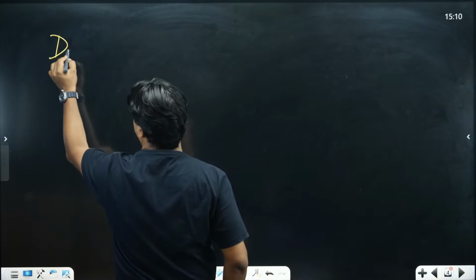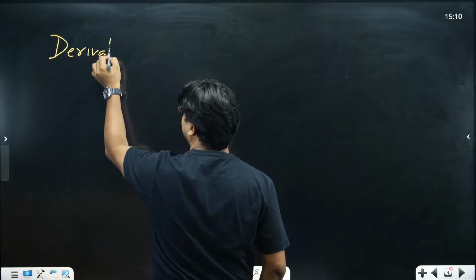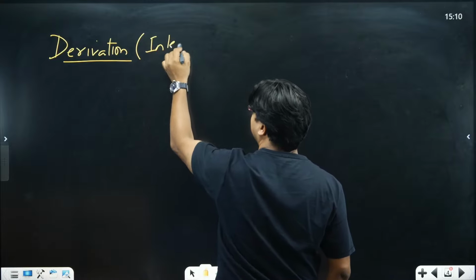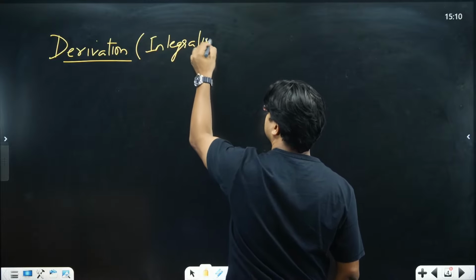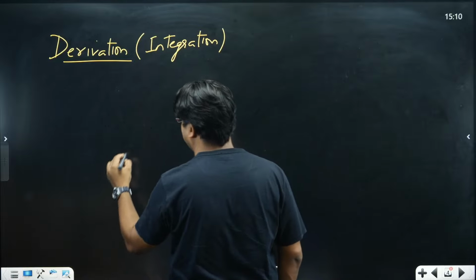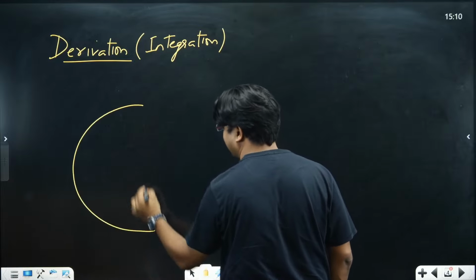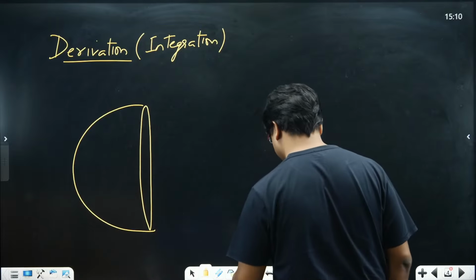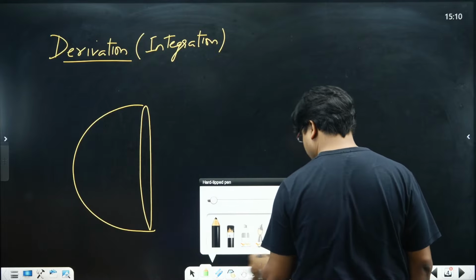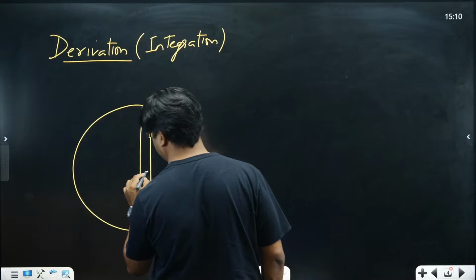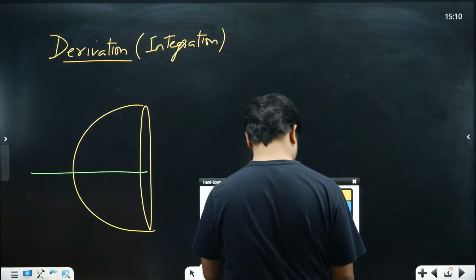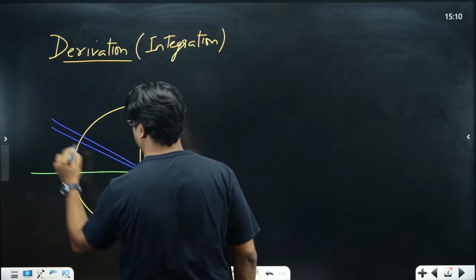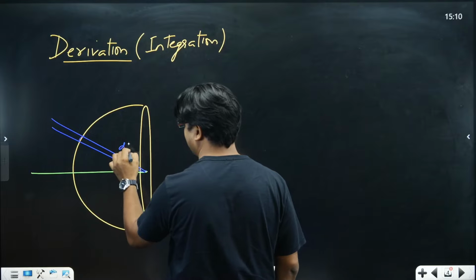This derivation is integration based. Let's say this is our hemisphere. Hope it looks like a good hemisphere. Let this be the symmetry line, and from this symmetry line consider an angle theta, and consider this angle d theta.